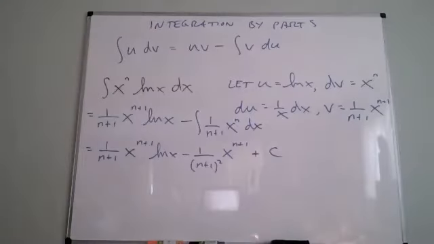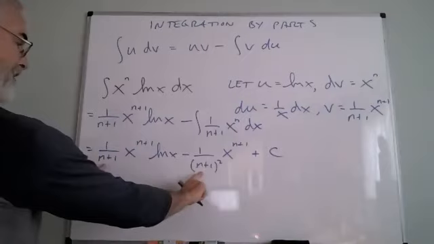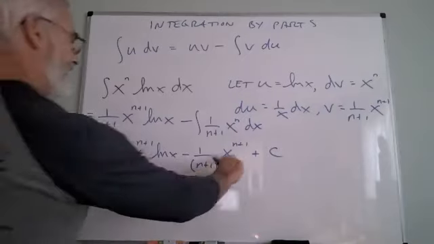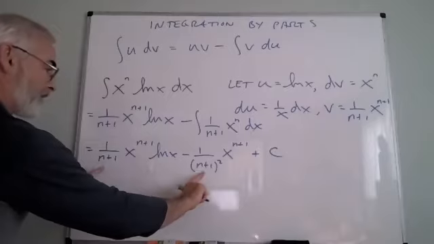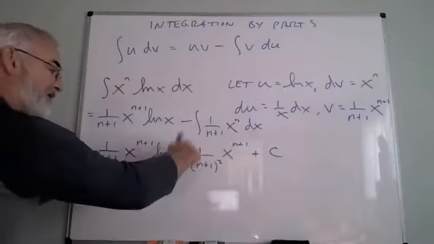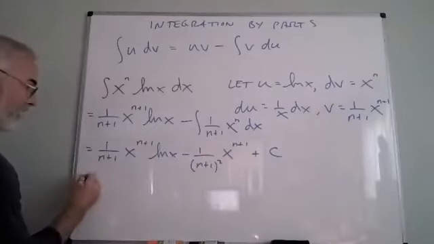Now, this is a perfectly acceptable final answer, but notice I have fractional coefficients and I have an x to the n plus 1 in each term. So once again, it may be convenient to factor this. Now, when you're factoring out the coefficient, right, think GCF, so I would actually factor that term out.